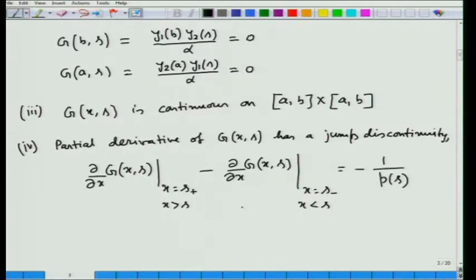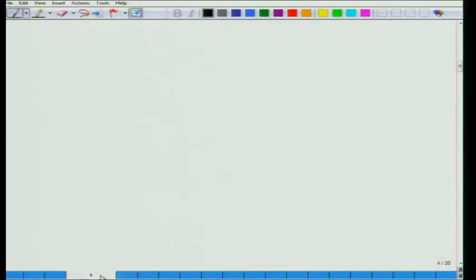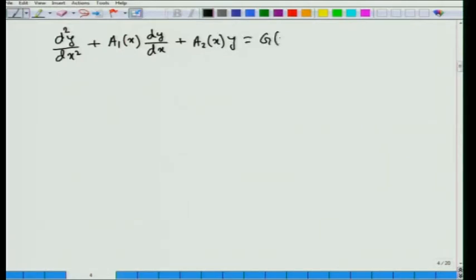And from here we can easily find out the expression for alpha in terms of s. Now, before proceeding further, I just want to make a remark here. Initially we started our discussion on this type of ordinary differential equation subjected to boundary conditions, that is d 2 y dx 2 plus a 1 of x dy dx plus a 2 of x y equal to capital G of x.